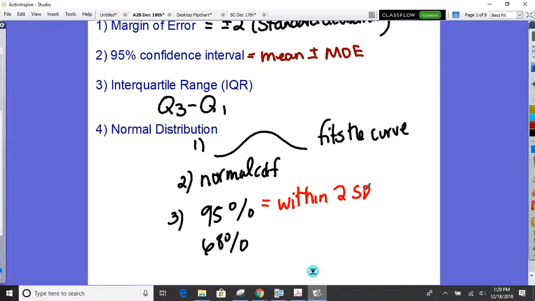And 68 is within 1 standard deviation. Make sure you can find the score at -1 and 1, and at -2 and 2.